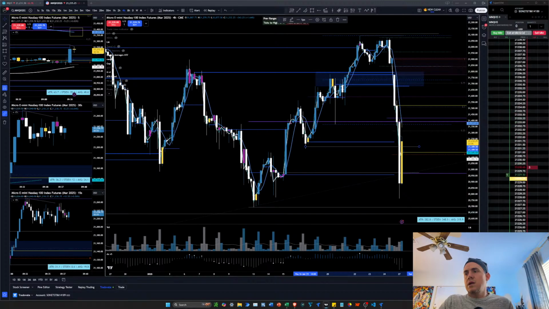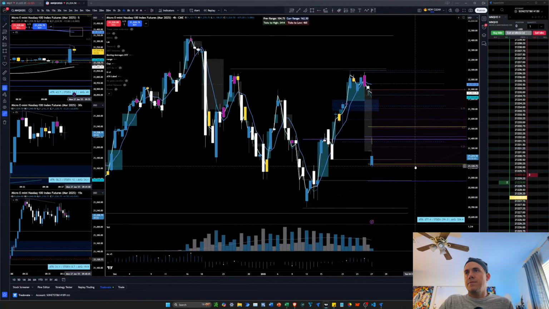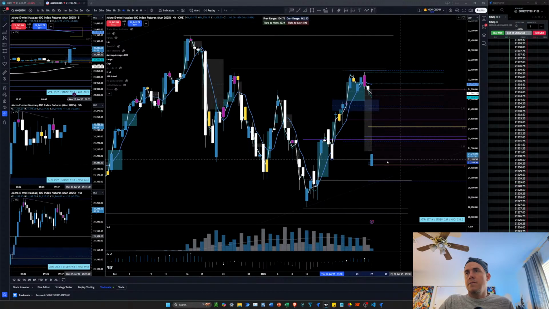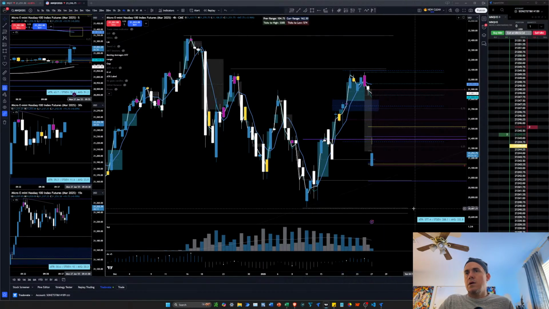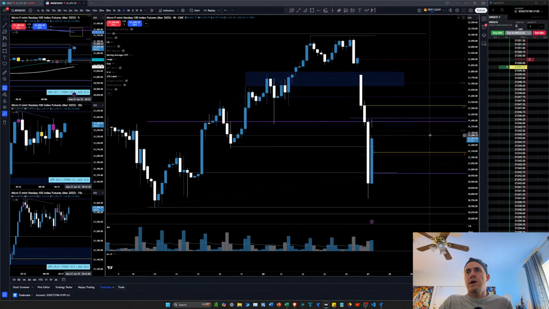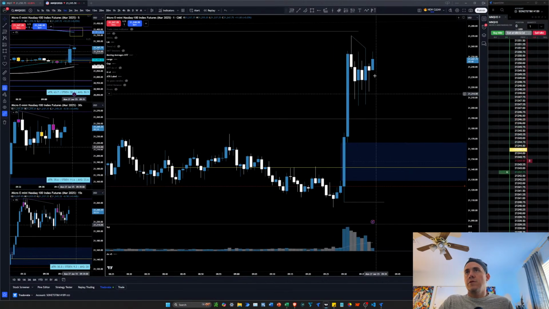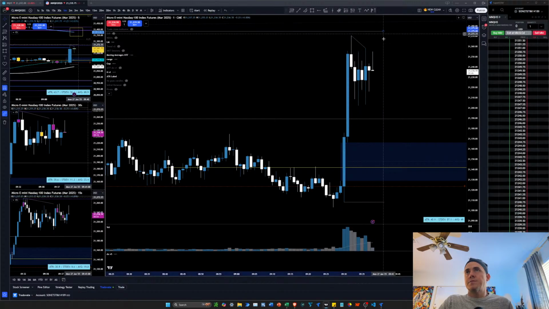So we're outside of that regular trading hour gap. Yeah, we're just above it here. I'll keep that there just out of curiosity, to see how we react off of it, or if we do or don't react off of it.